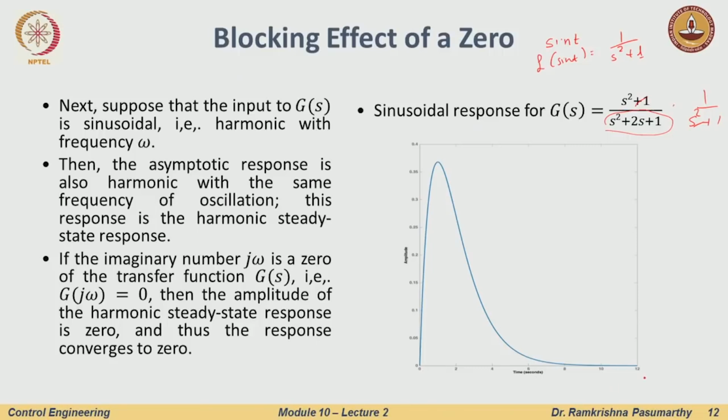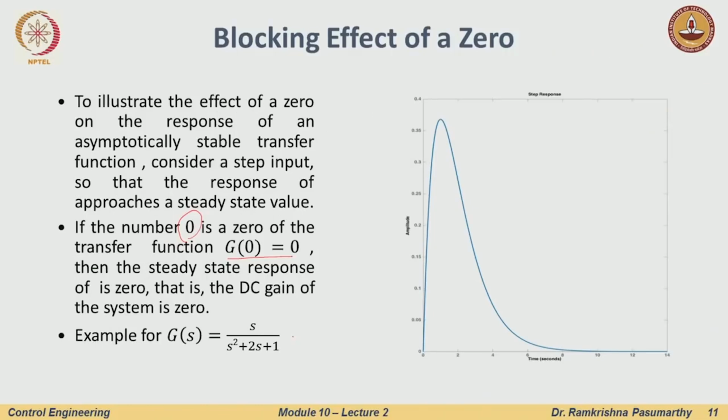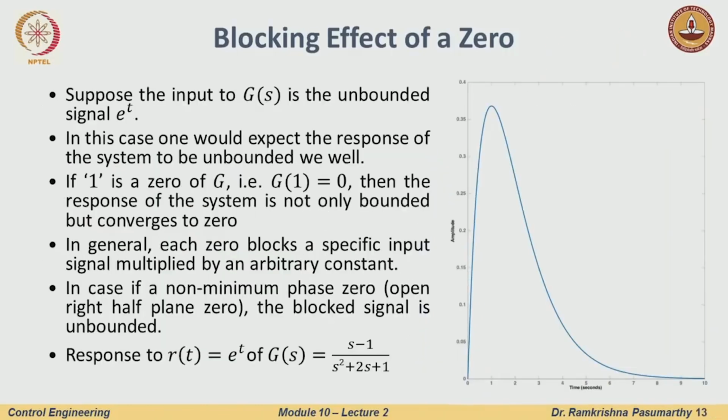So, the output is not a sinusoid for this case at least, and the condition is that this omega must be equal to this omega. If this is s square plus 2, then something else might happen, you might actually see a sinusoidal signal at the output. So, these two were called the blocking effect of zeros.